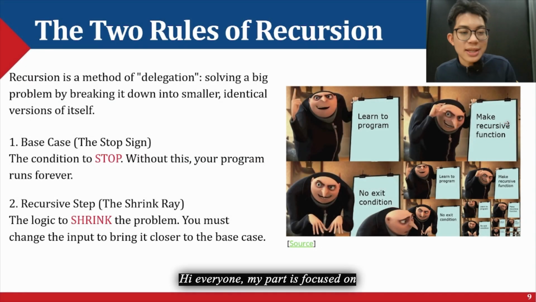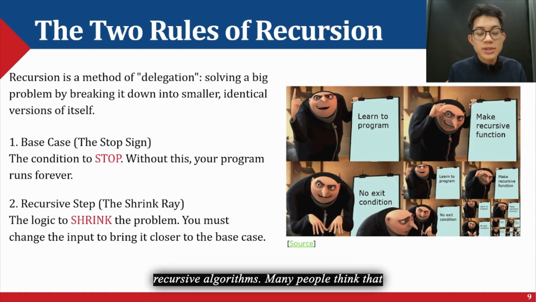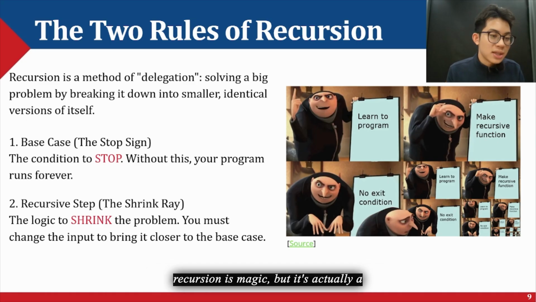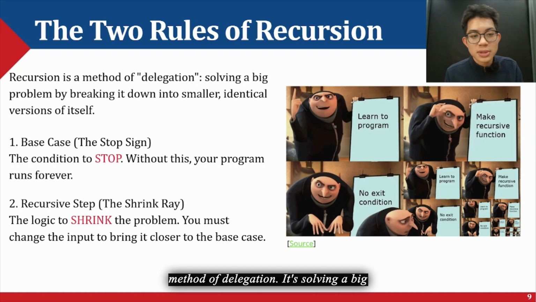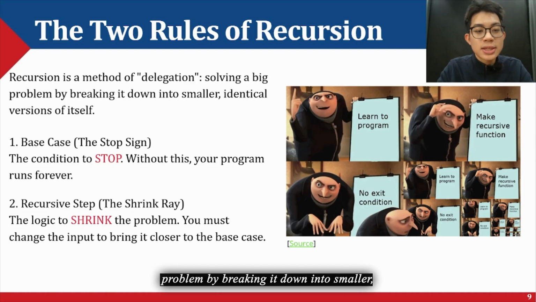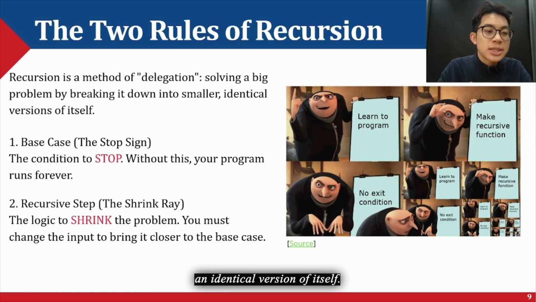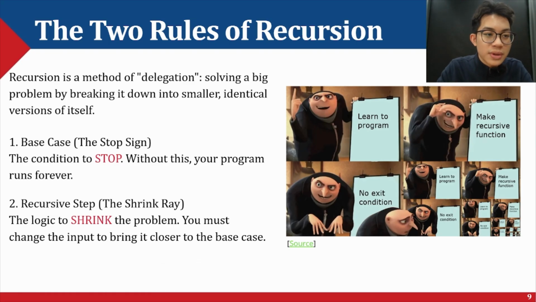Hi everyone, my part is focused on recursive algorithms. Many people think that recursion is magic, but it's actually a method of delegation. It's solving a big problem by breaking it down into smaller and identical versions of itself.